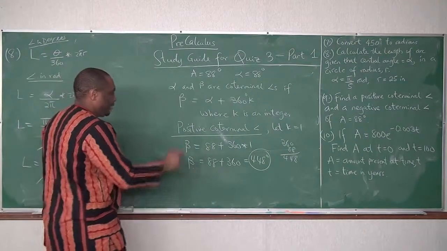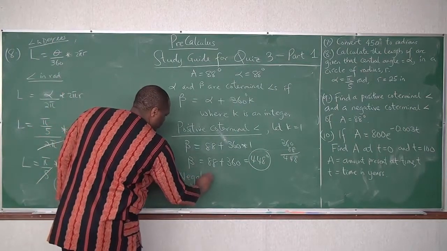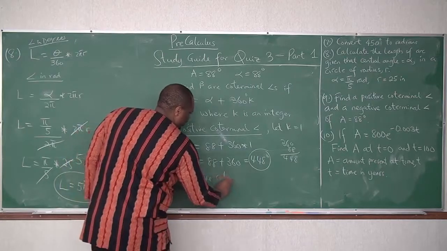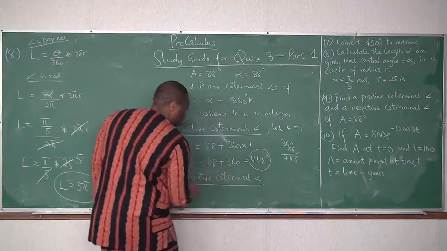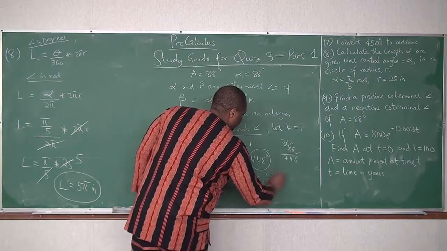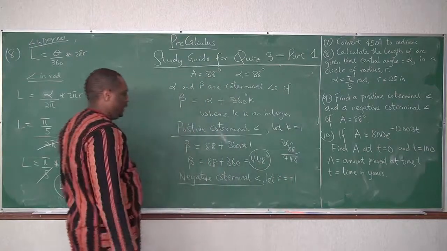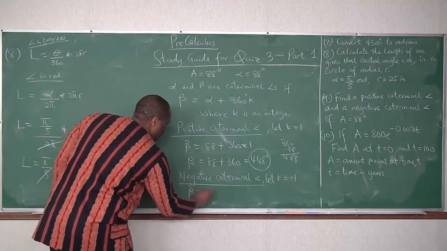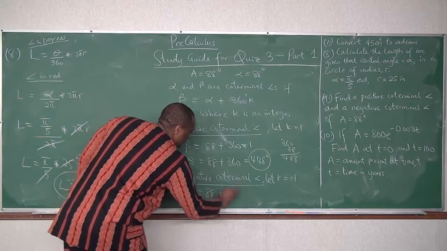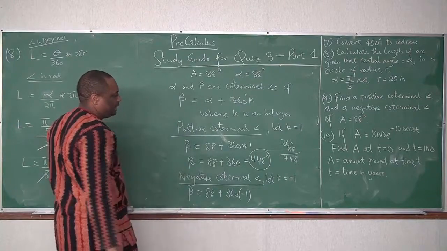Now the negative coterminal angle. What do we do now? We let K be negative 1. So beta will be 88 plus 360 times negative 1.